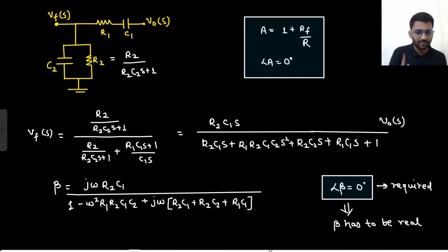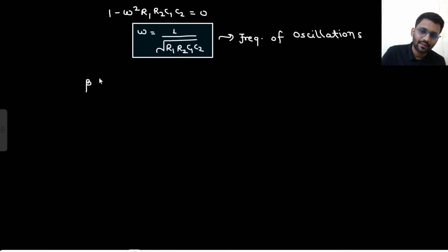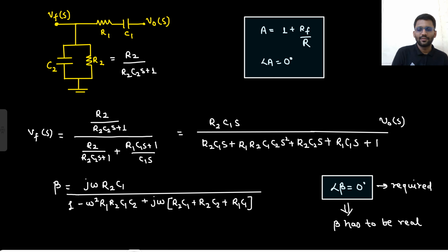But first we need to check, at omega equal to this particular value, what is the value of beta? So beta at omega equal to 1 by root r1 r2 c1 c2, what value will we get? The imaginary part will be gone.